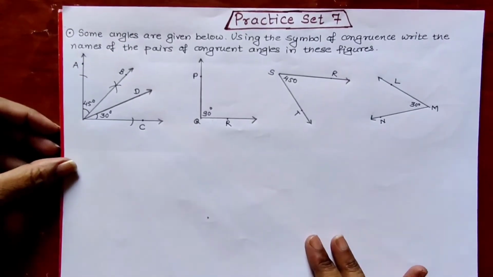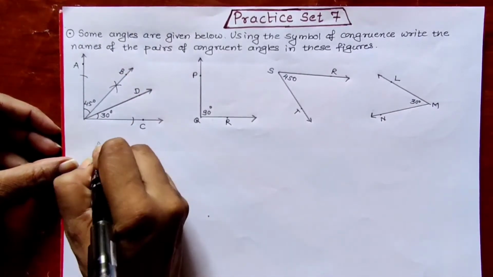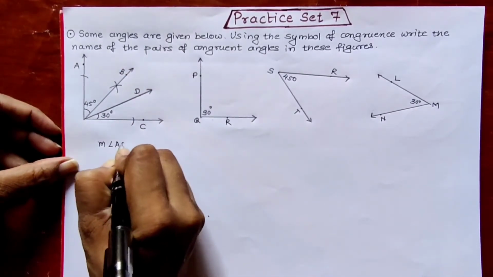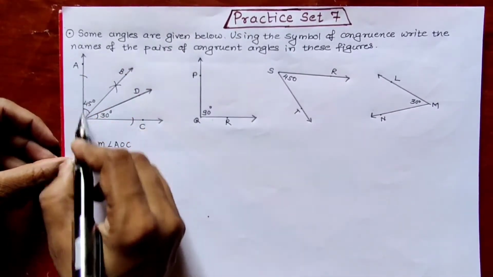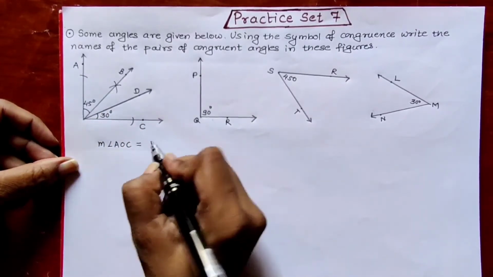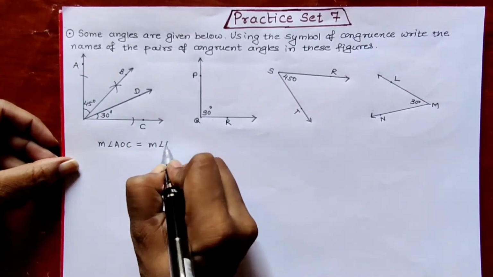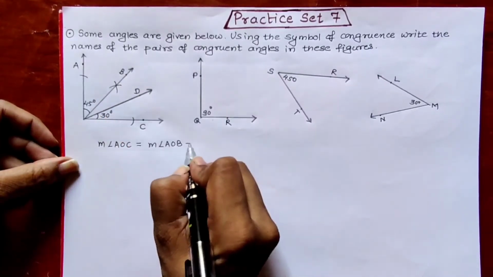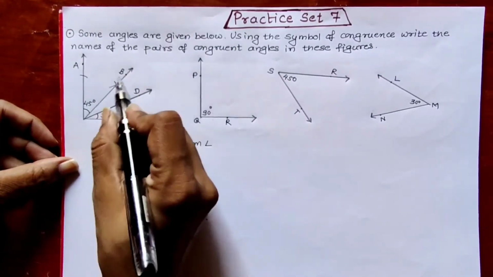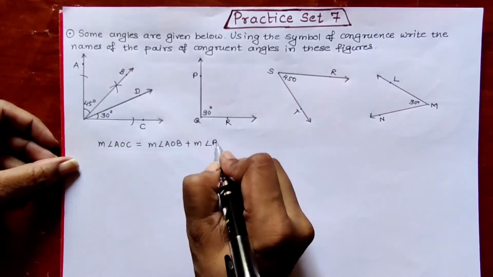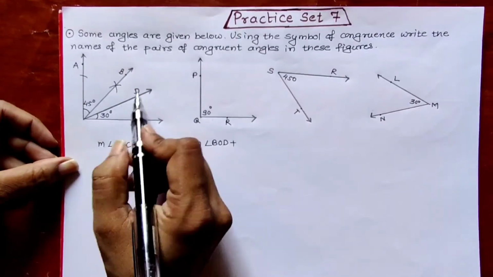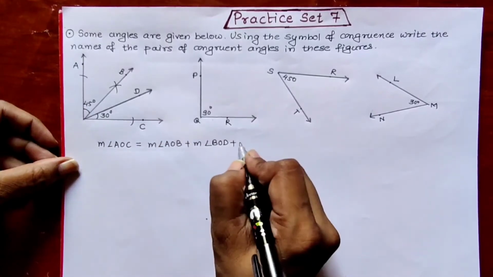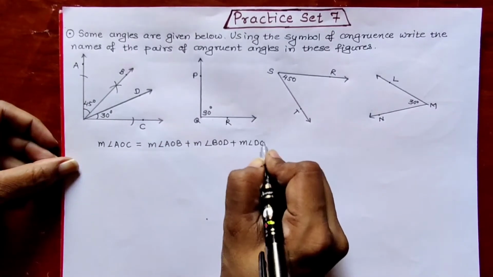So angle AOC, this full angle: measure of angle AOC is equal to measure of angle AOB, this angle AOB we can see here, plus measure of angle BOD plus measure of angle DOC.